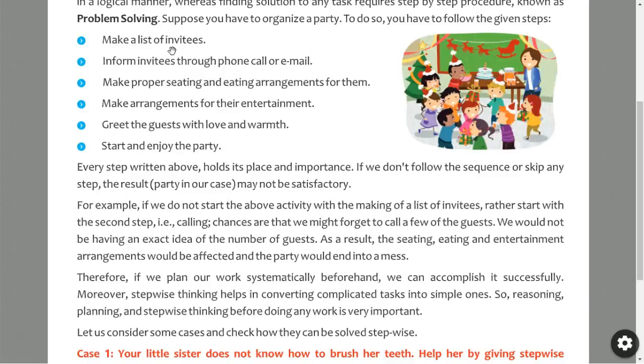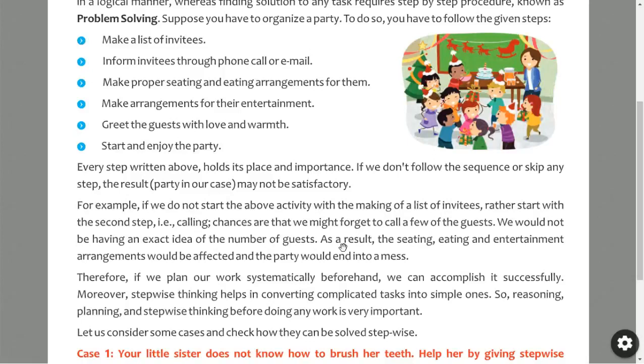So you will not know how many people are going to attend. Then every arrangement gets mismanaged. Understood? Every arrangement will be mismanaged because you do not have proper planning to make this birthday successful.